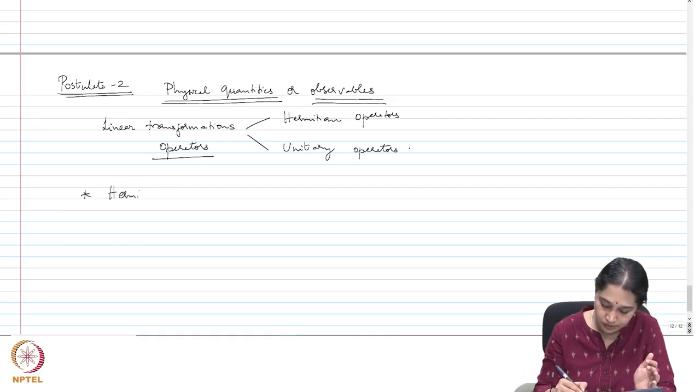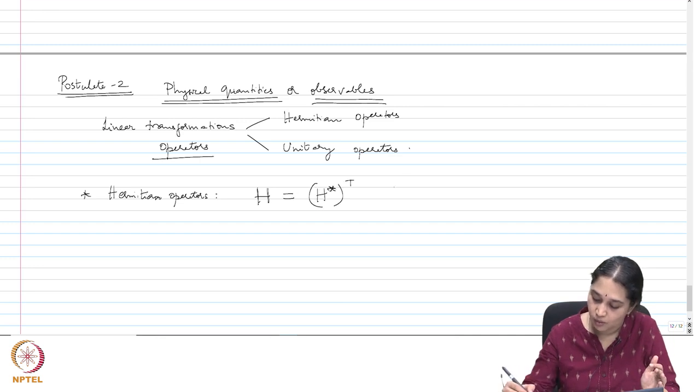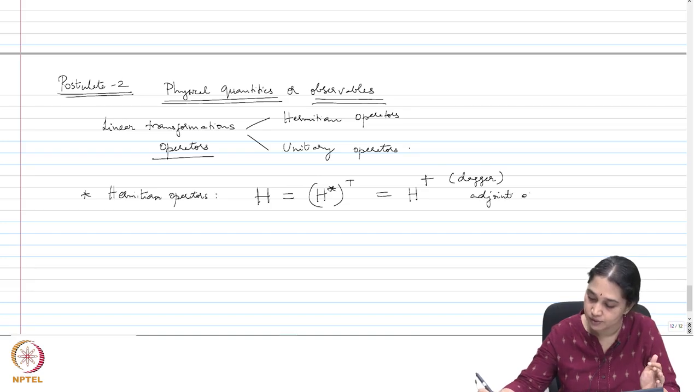So Hermitian matrices or Hermitian operators have the following property. A matrix H is defined to be Hermitian if it is equal to its complex conjugate transpose. This operation, complex conjugate transpose, is often simply denoted by a dagger symbol, and this operation is called the adjoint operation.